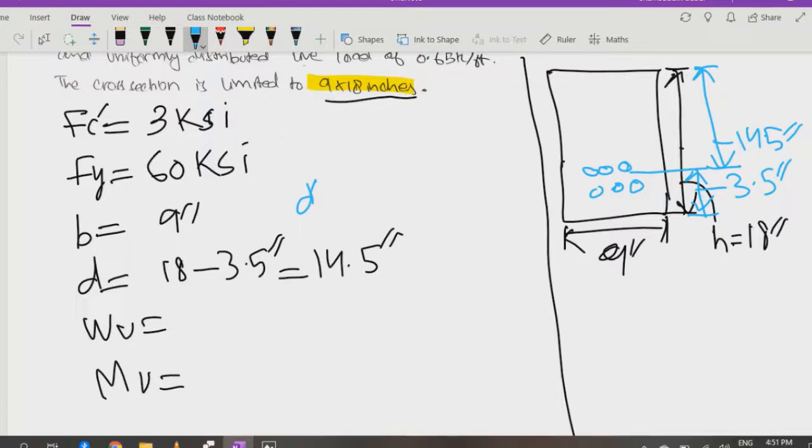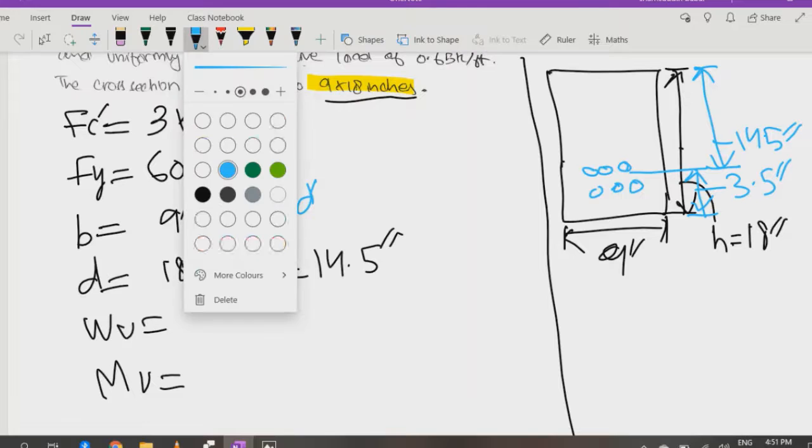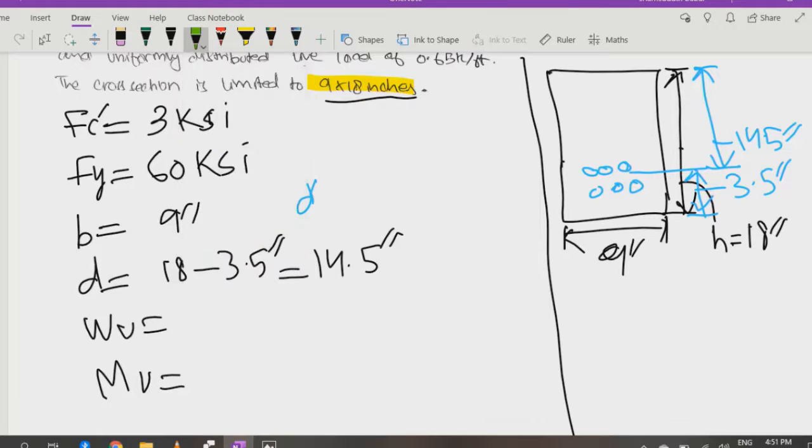What is d dash? d dash is the cover plus half the diameter of the compression bars.